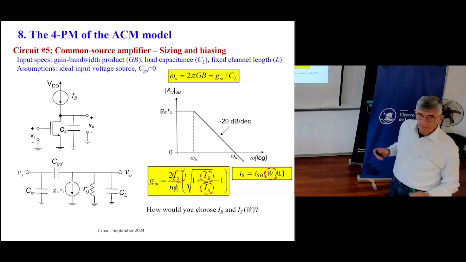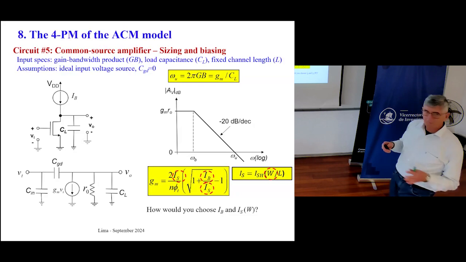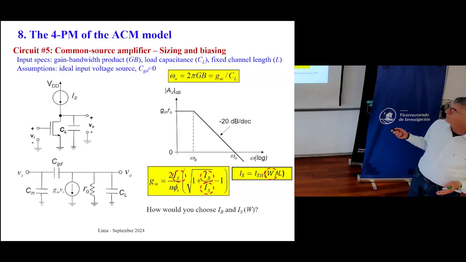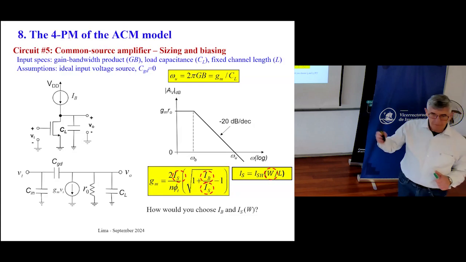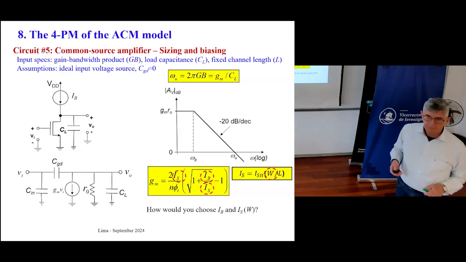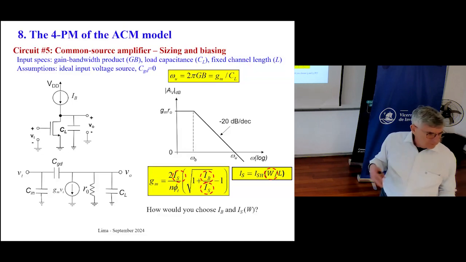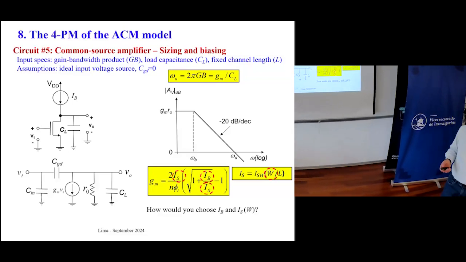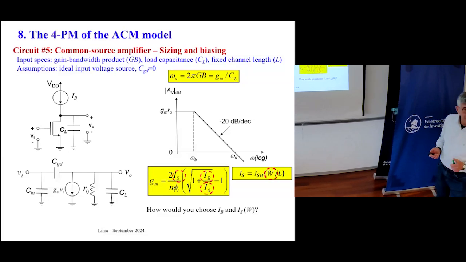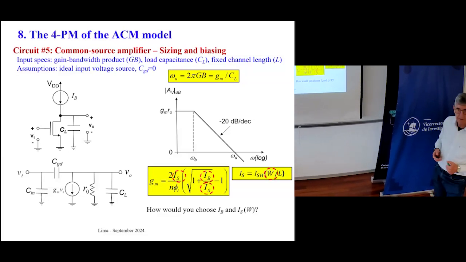I'm anticipating this value here. It will be given tomorrow. What's the GM of the transistor? It doesn't matter right now. It's just an example to show the power of having a good model for the MOSFET. GM is given by this factor.